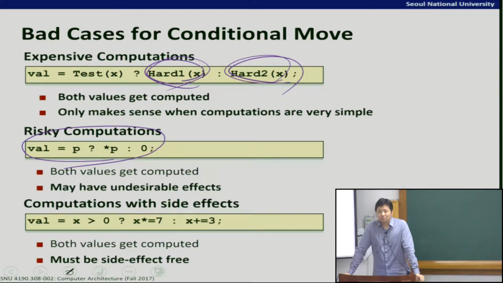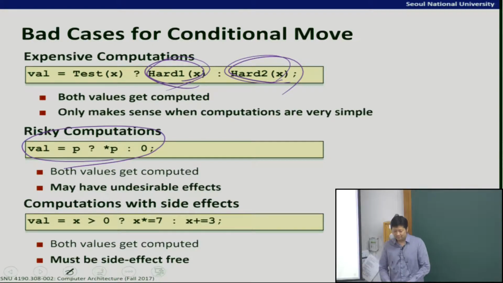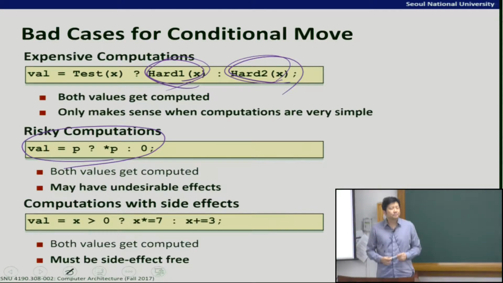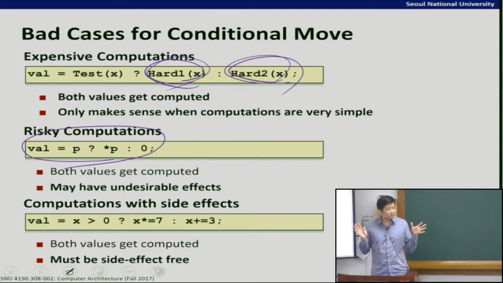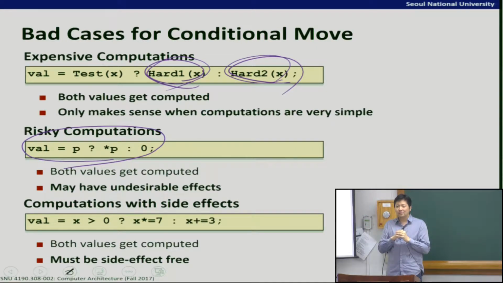Why is it a problem? The hint is, if you use conditional move, you have to compute the return value for both then and else, regardless of the condition. Then what is the problem here?